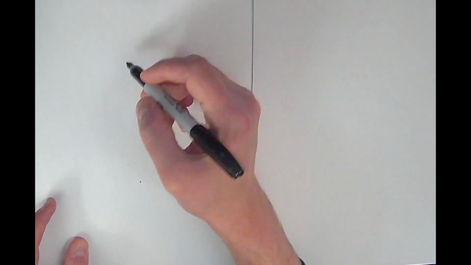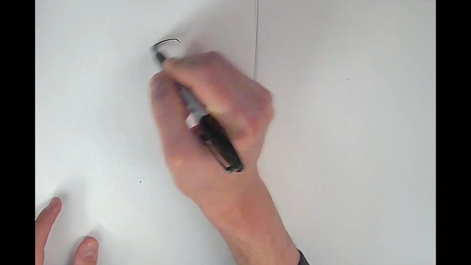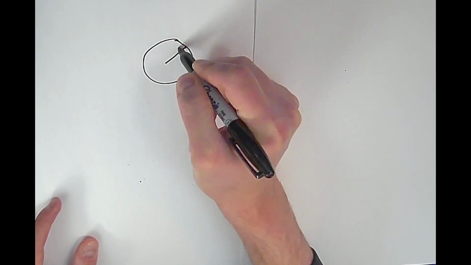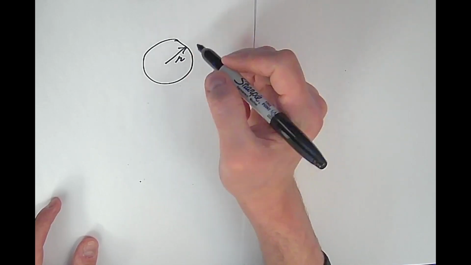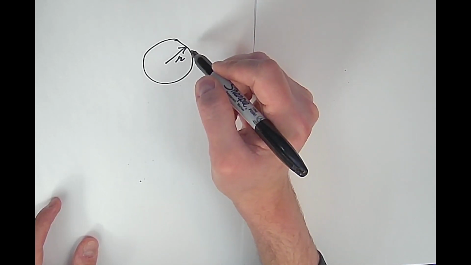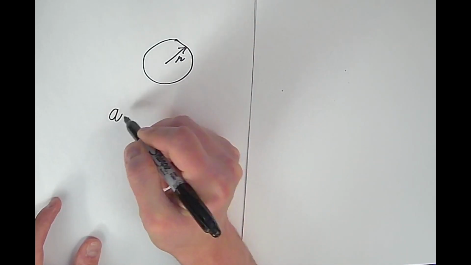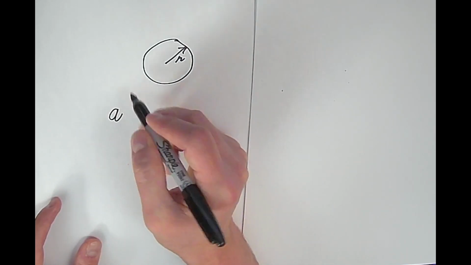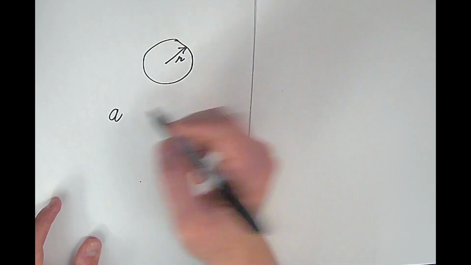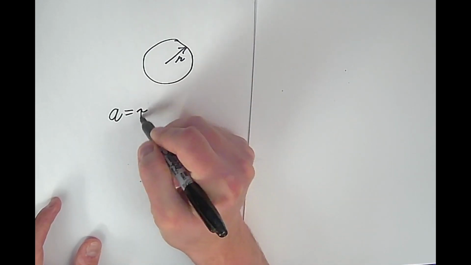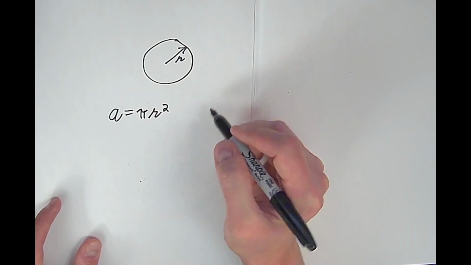Here's another one. There's the calculation of the area of a circle. I have a circle, 2-dimensional, and we have a radius r. Then the area of the circle is going to be, well, we know it as pi r squared, but the question is, where does that come from, right?